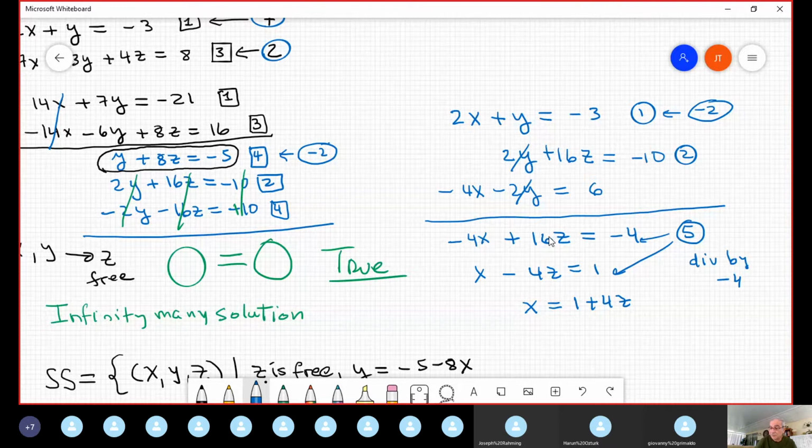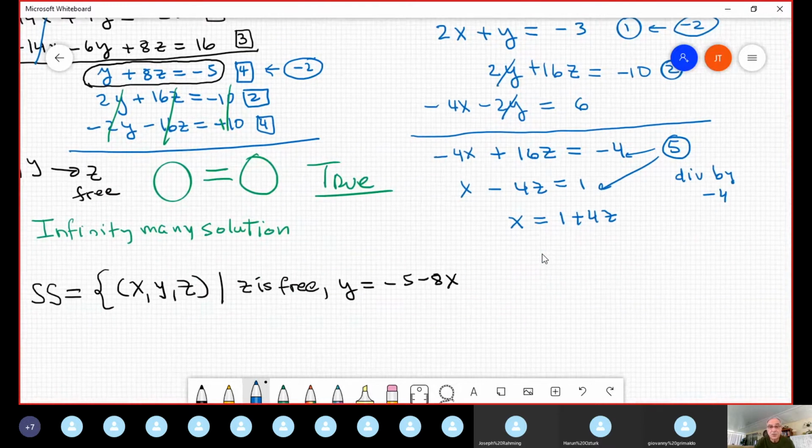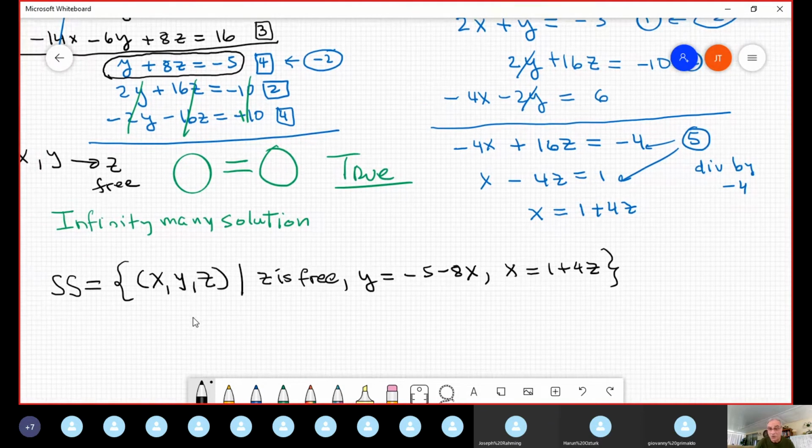So I am ready to write the final answer. The final answer is separated by commas, x is equal, let me use black color. Comma, x is equal to 1 plus 4c. And close the curly bracket. And this is my famous, beautiful final answer.